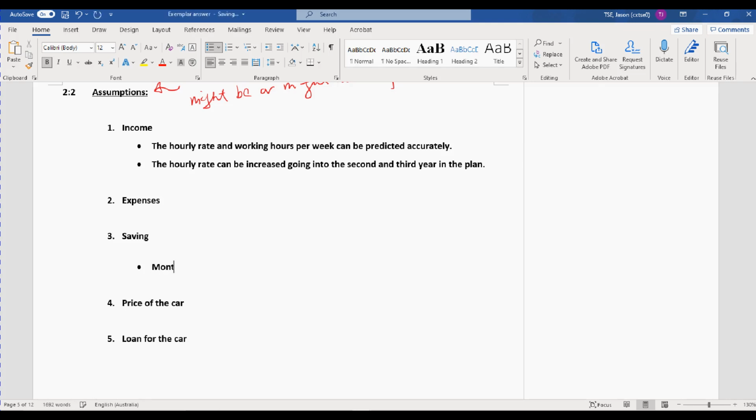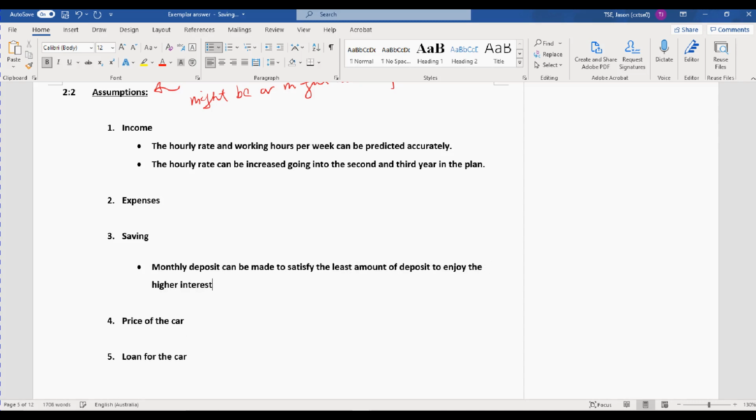So monthly deposits can be made, okay, to satisfy these amounts of deposits to enjoy the higher interest offered from the bank.